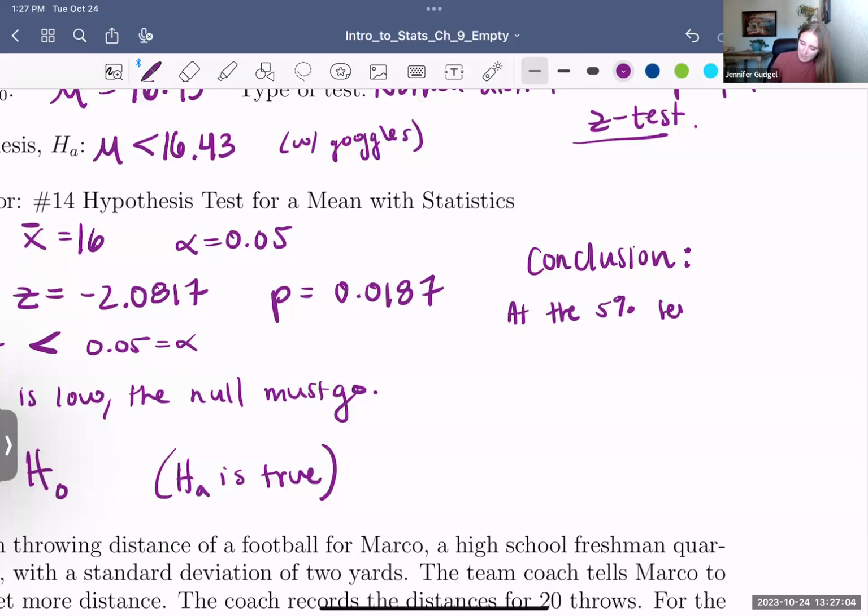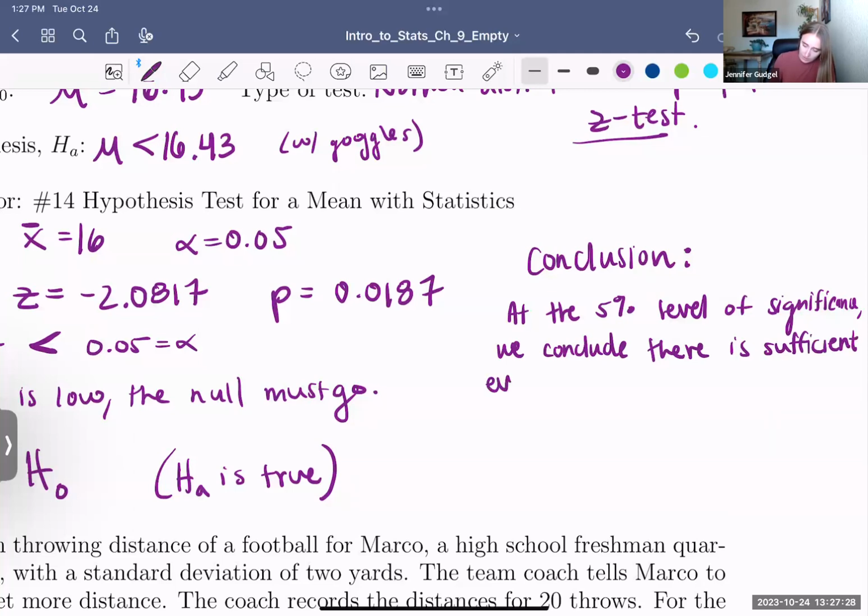At the 5% level of significance, we conclude there is sufficient evidence, right? We had a solid conclusion. There is sufficient evidence. And now we state what the alternative was.